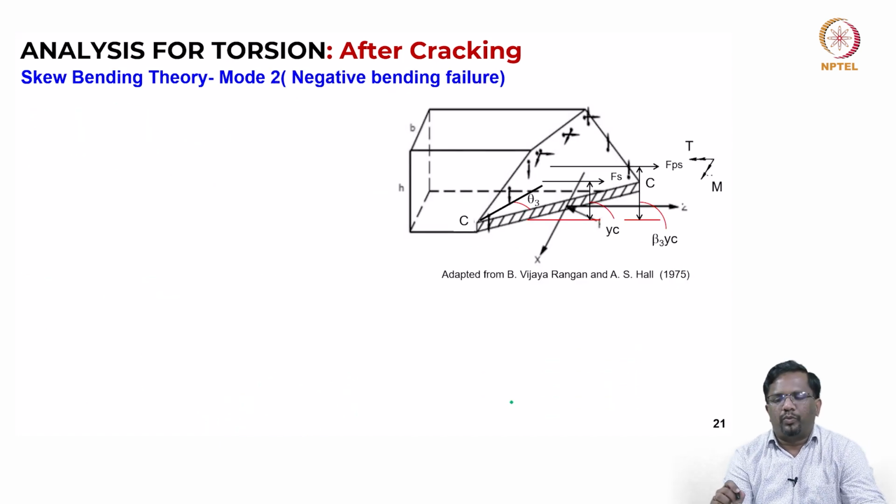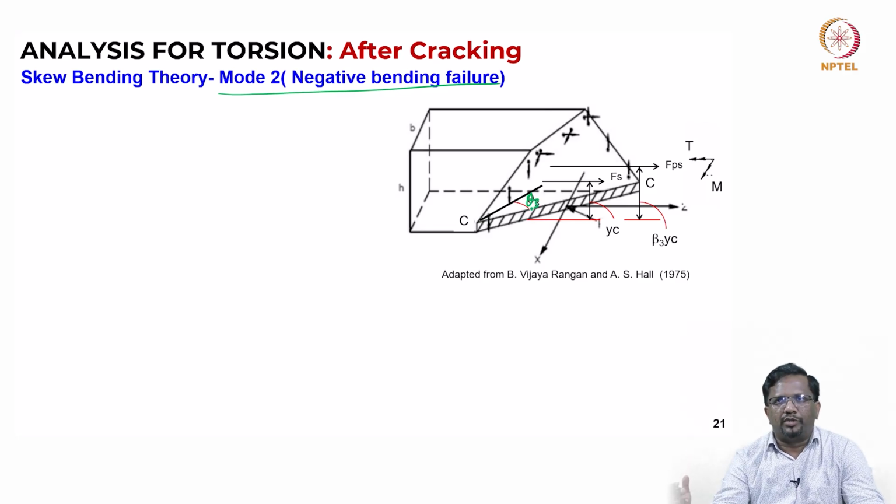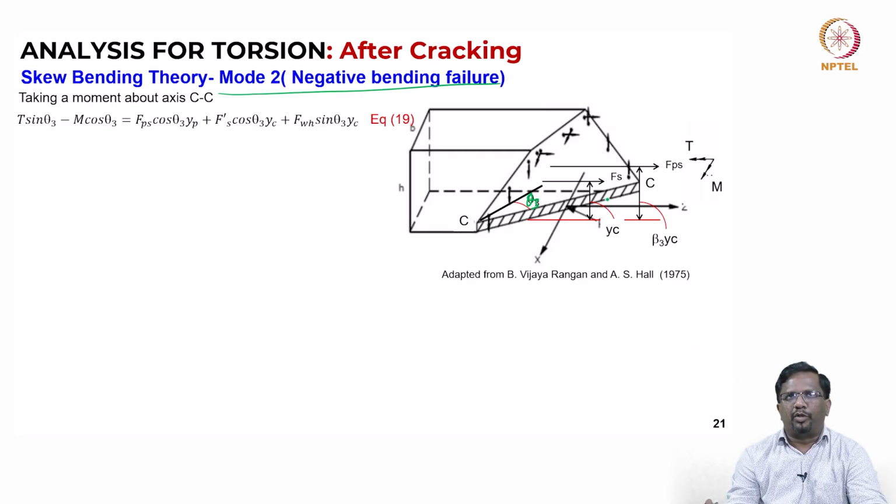Okay. Now, we can do the same thing for the negative bending failure also. Again, you define that failure surface from the horizontal angle as theta 3 like this, and then you take all the components. Now, you are going to take moment about this CC line. If you take the moment about the axis CC, again you will have a component from torsion and a component from bending moment, and it is a negative bending failure.